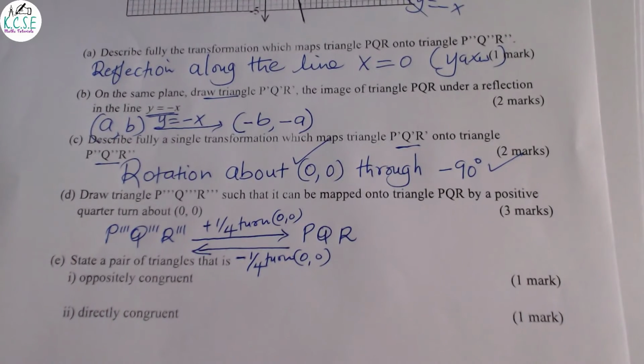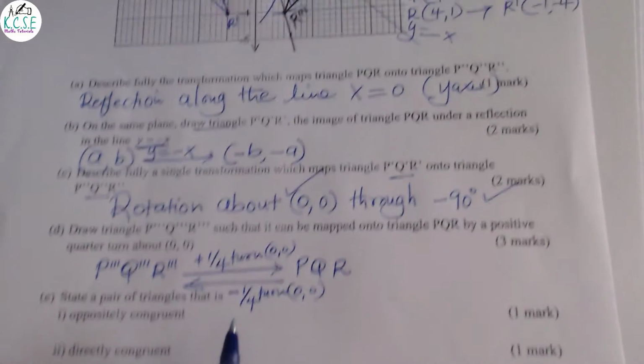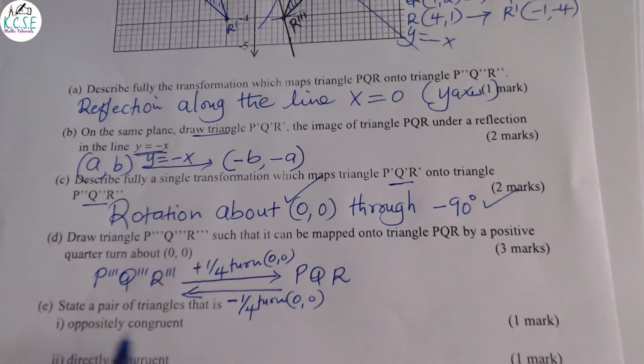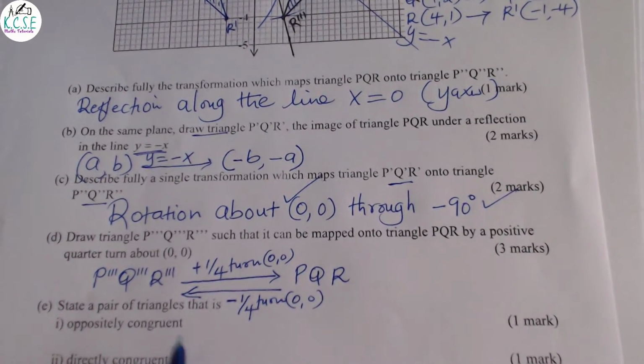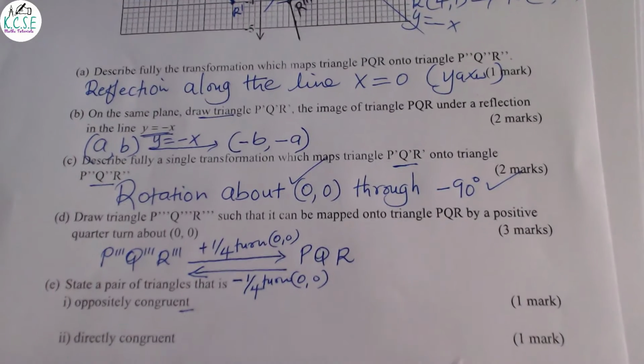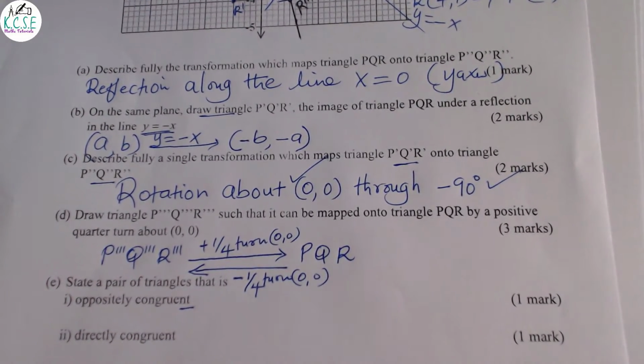Now the last question is state the pair of triangles that is oppositely congruent, then directly congruent. Now you need to understand what is the meaning of oppositely congruent. These are triangles. For them to fit exactly on each other, of course they must be of the same shape and size.